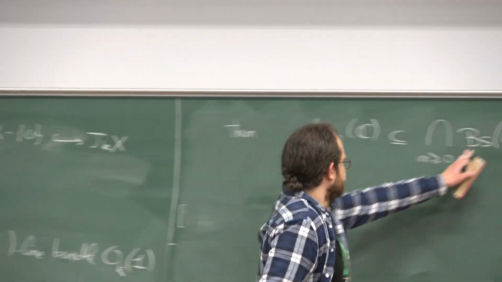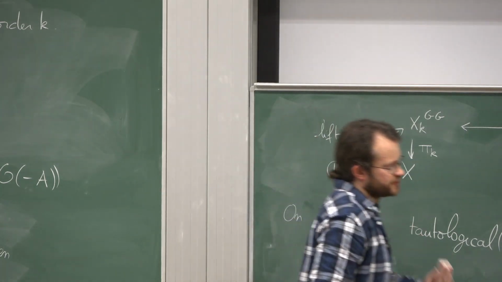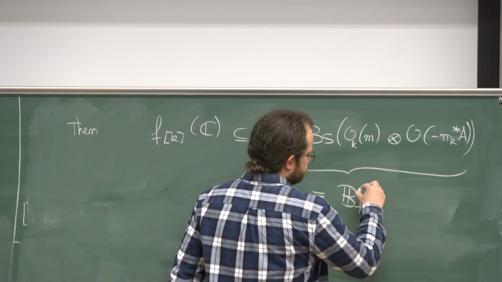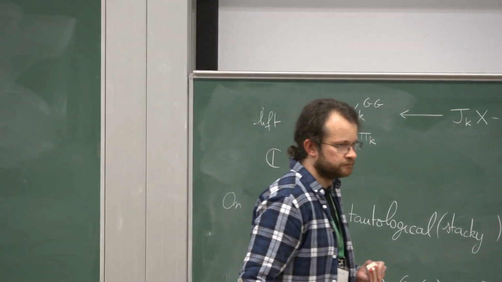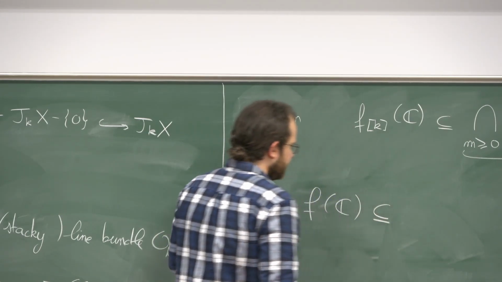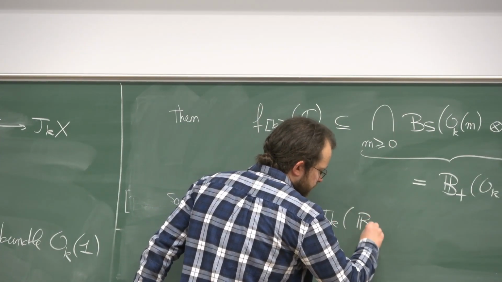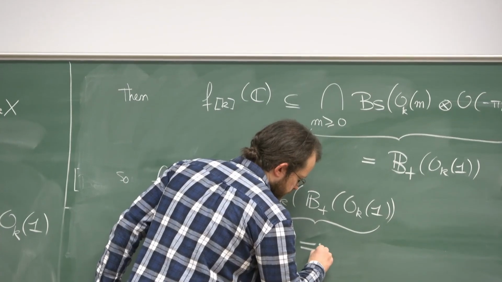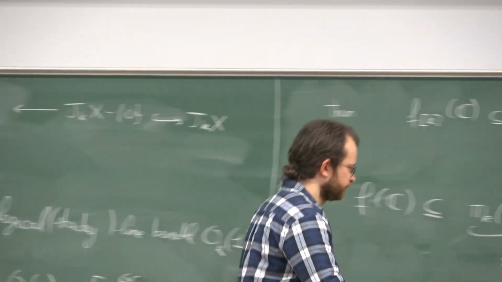So any section of this will give you a jet differential like that, and the image of F_k will fall inside the zero locus of this. If you know this terminology, you recognize the augmented base locus of this tautological line bundle. So now what you deduce is that the image of C falls inside the projection on the base of this augmented base locus. And this we usually call the Green-Griffiths locus of order k of X.